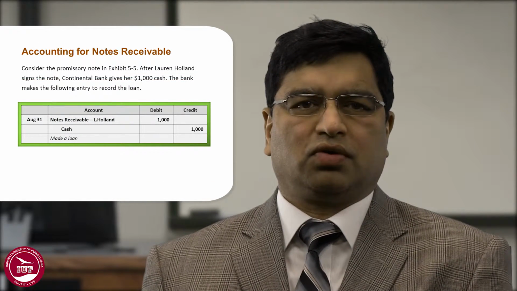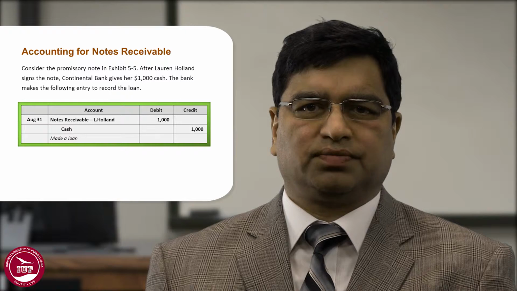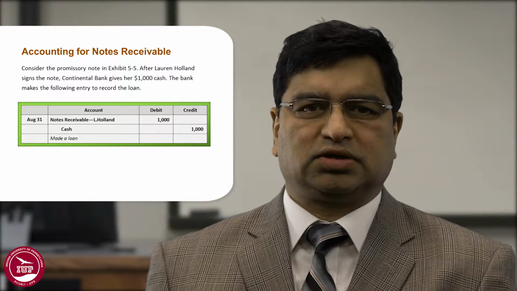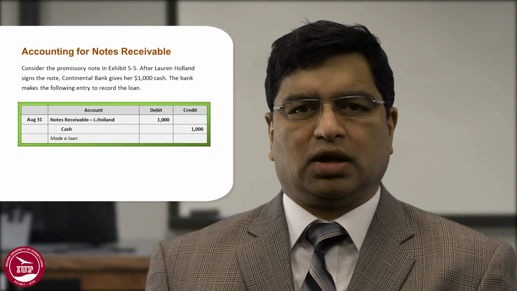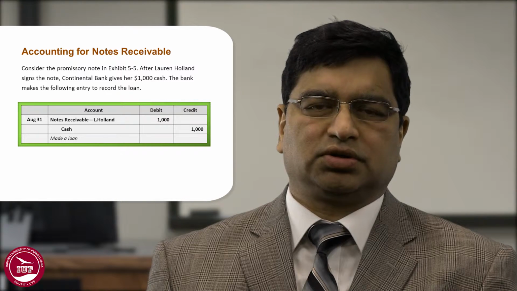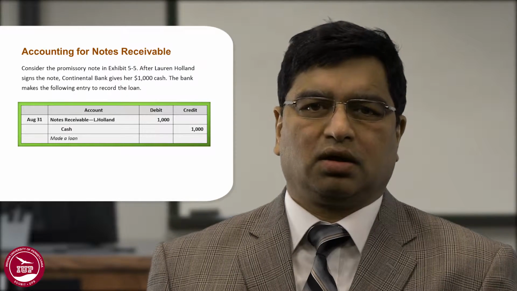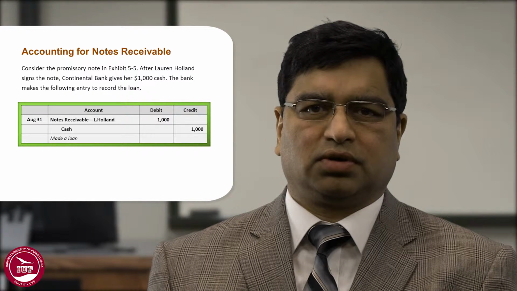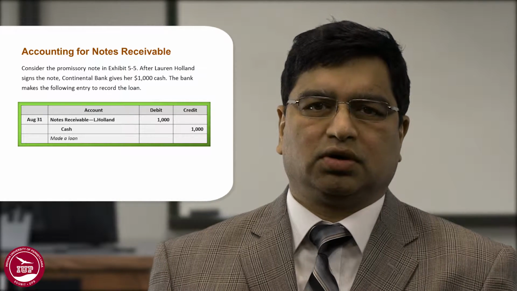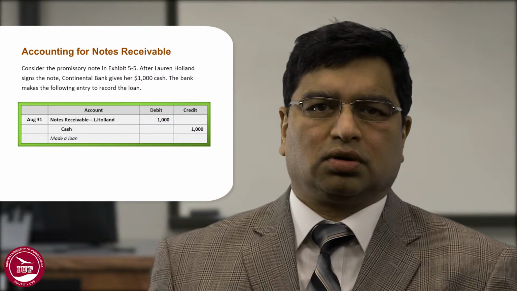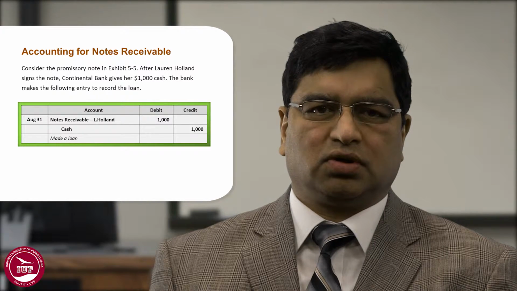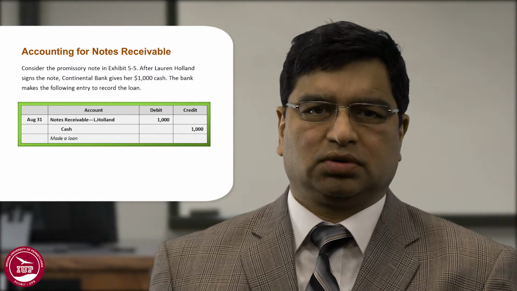Now, how do you account for this notes receivable? After Lauren Holland has signed the note, that is, has agreed to pay $1,000 plus interest to the Continental Bank at the expiry of the note, for lending $1,000, you've got notes receivable.